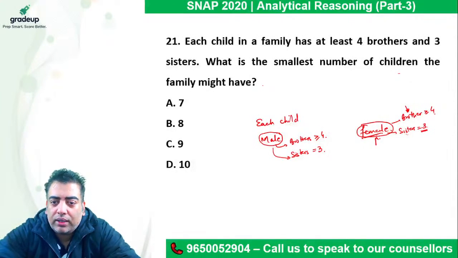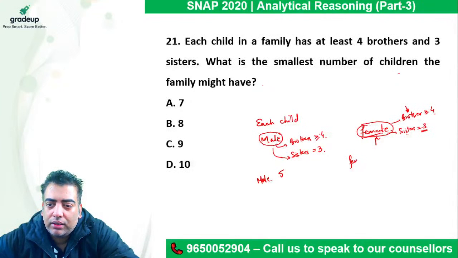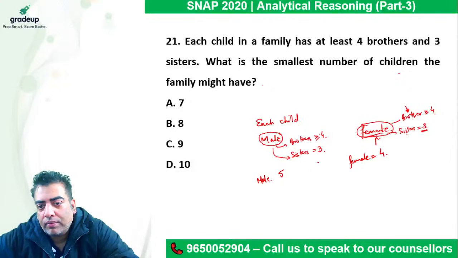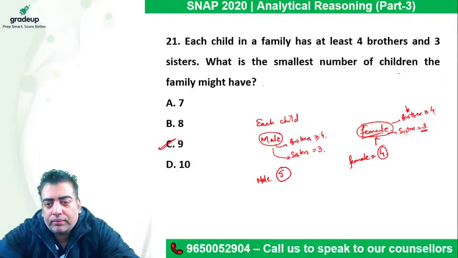So if we consider first case, the number of males will be 4 plus 1, which is 5. And if we consider second case, number of females will be 3 plus 1, which is 4. Right? So the smallest number of children the family might have will be 5 plus 4, which is equivalent to 9 in number. So guys, please check it out. Is it done?